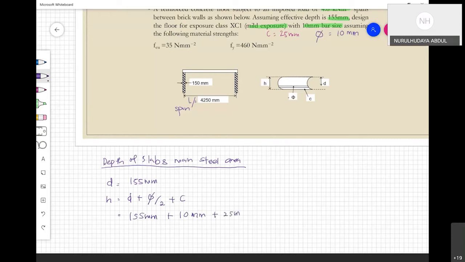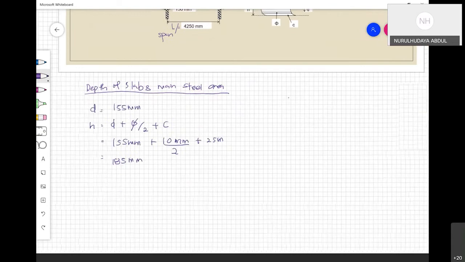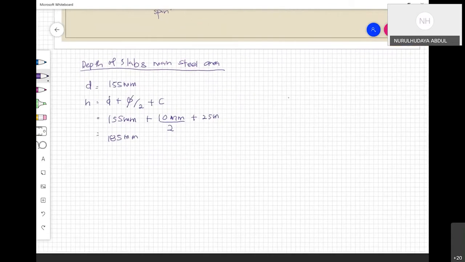Okay, and then we're going to get some answer here which is 185. Okay, 185 mm. Okay. Jadi I dah dapat depth of slab. The H is this one.